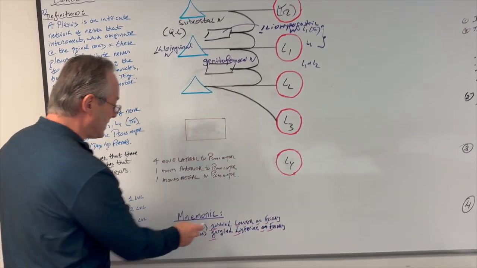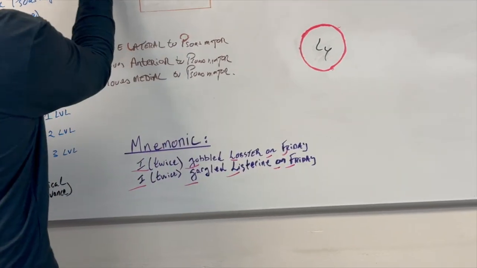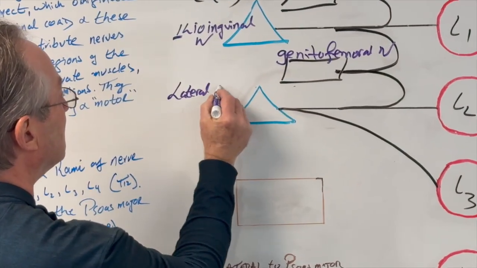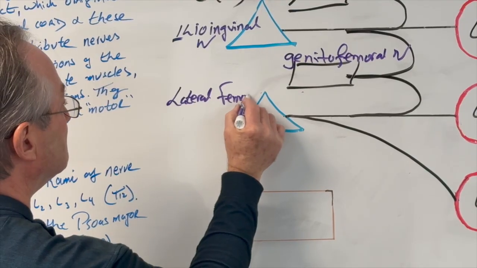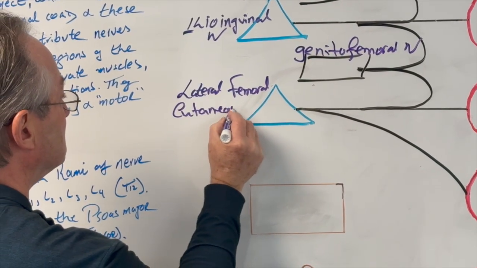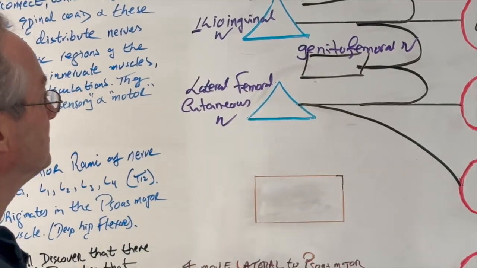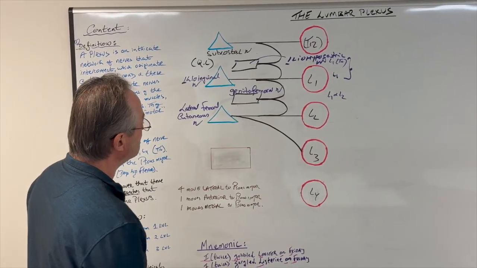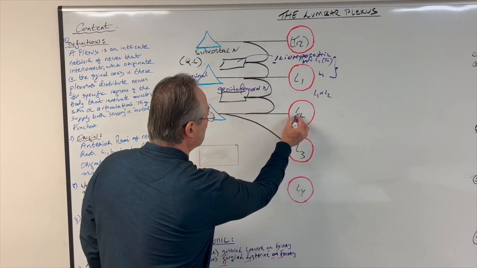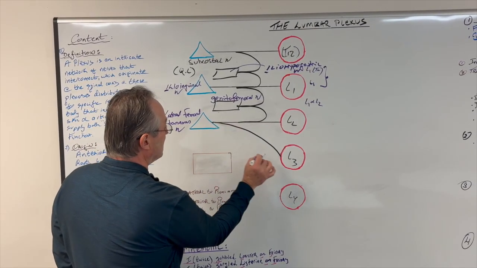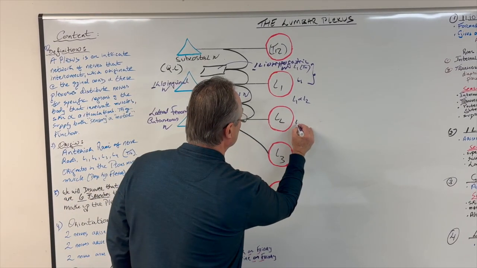Now we have the L. What is the L? The L is the lateral femoral cutaneous nerve. The lateral femoral cutaneous nerve. That one gets supplied by L2 as we travel along L2 and L3.